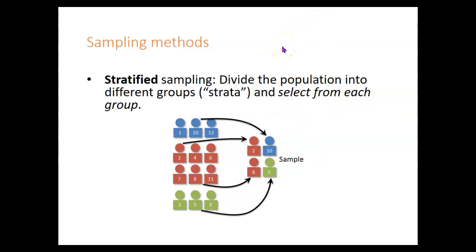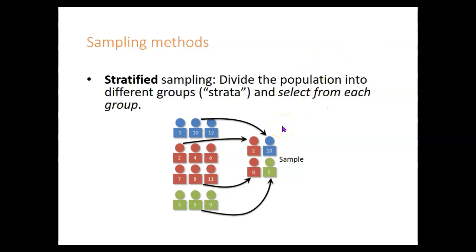So let's say you want to know how the citizens of your city feel about something, and your city is made up of blue people and red people and green people. And if you just picked a bunch of people at random from everybody in the city, it's possible you could end up with a sample that was mostly all blue people. And then you wouldn't get the opinions of the red people and the green people.